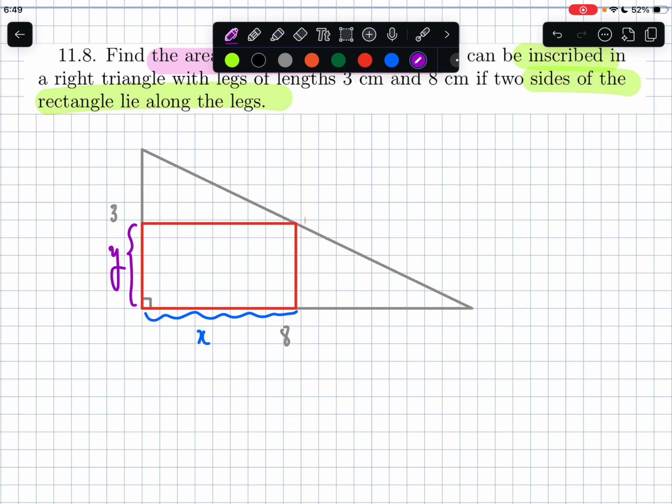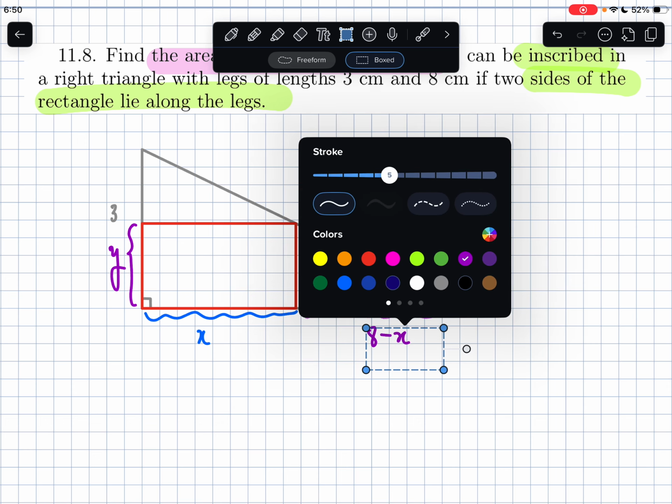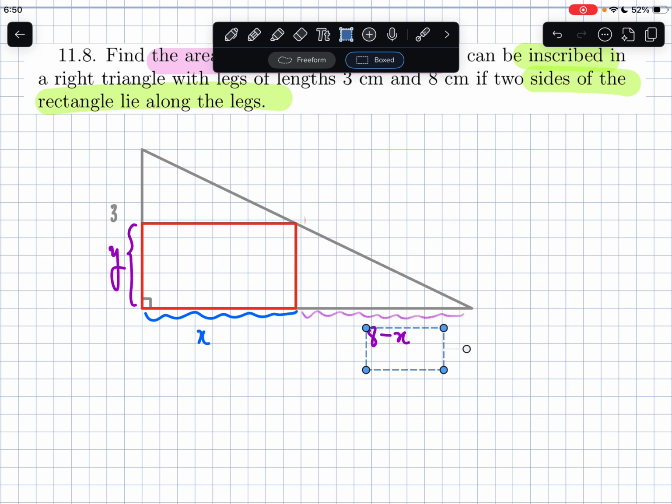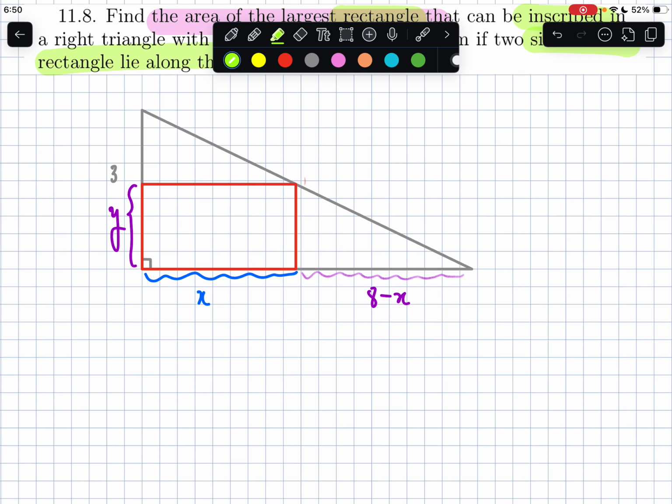So we can compute the area of the rectangle, and therefore the remainder here will be 8 minus x. So this is what remains, 8 minus x. We can relate x and y. Let's do that. The area of this rectangle is x times y.